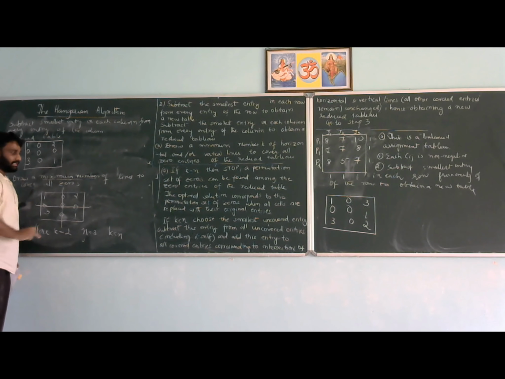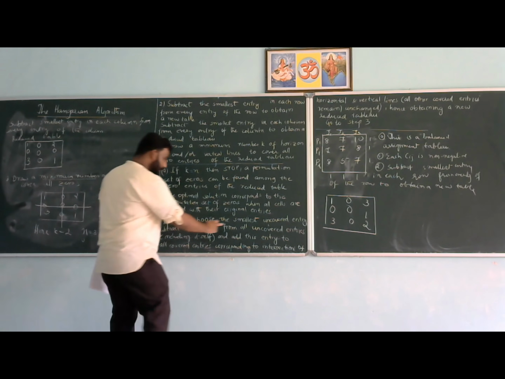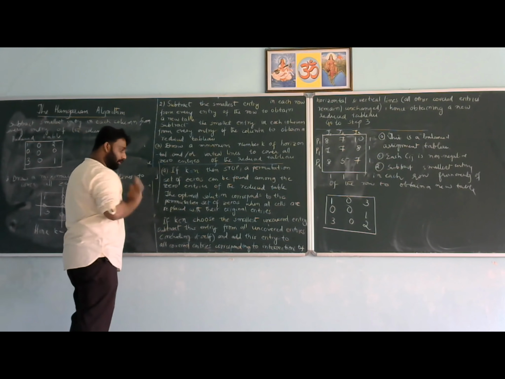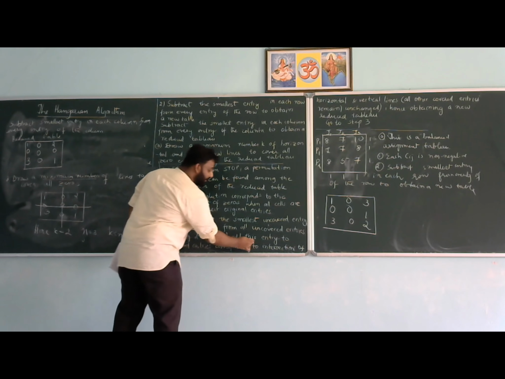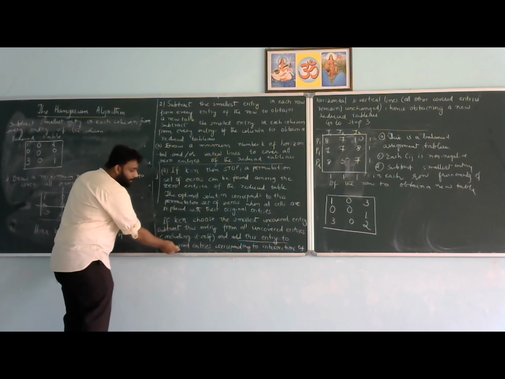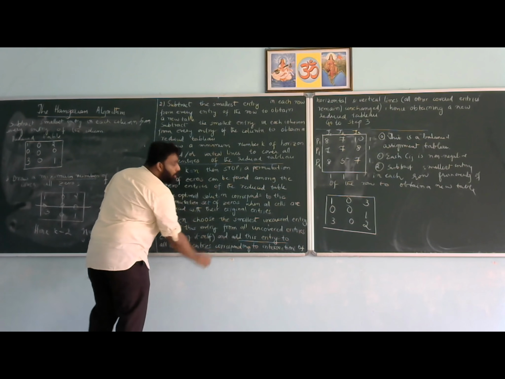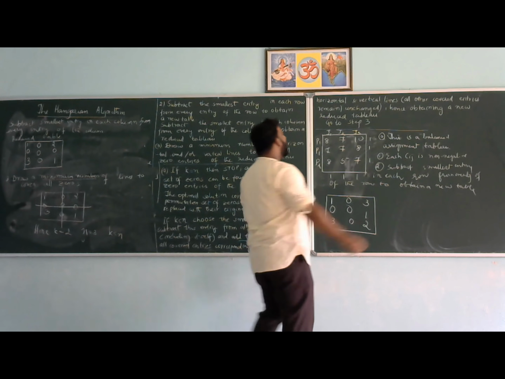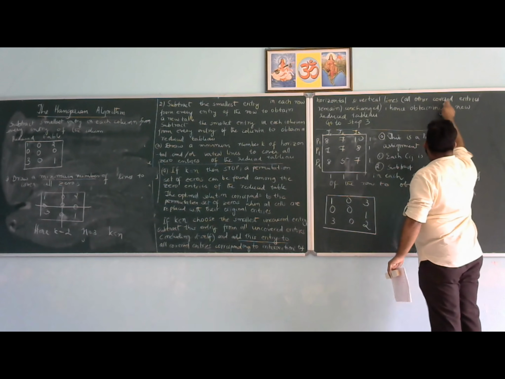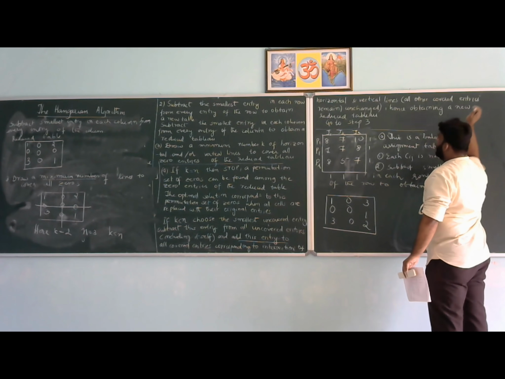Right? You have to subtract it from all the uncovered entries, including itself. Then add this entry to all covered entries corresponding to the intersection of horizontal and vertical lines. All other covered entries remain unchanged.